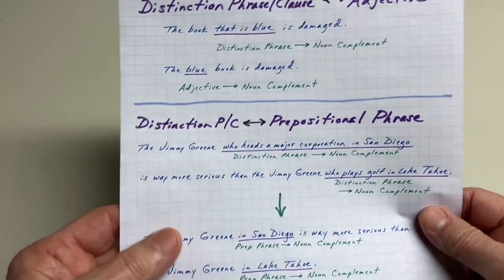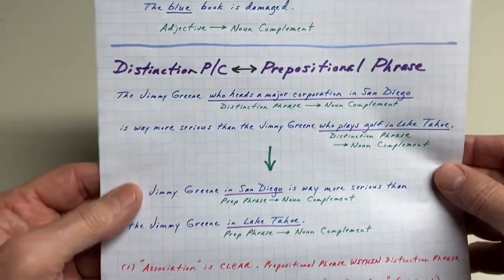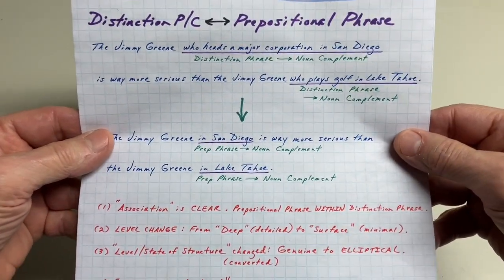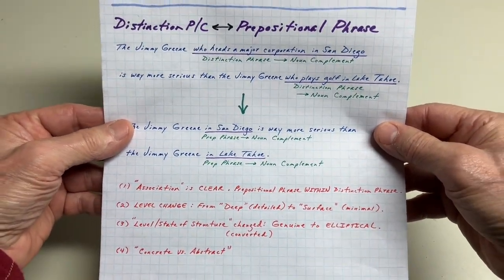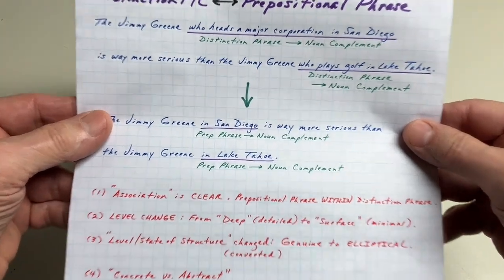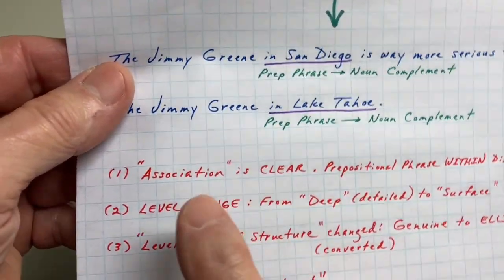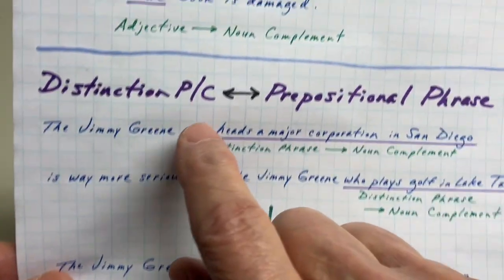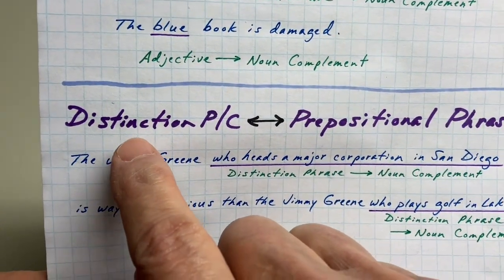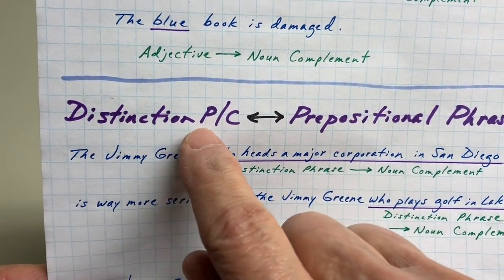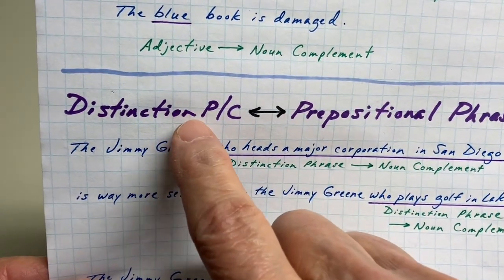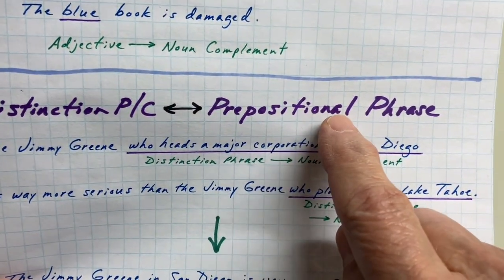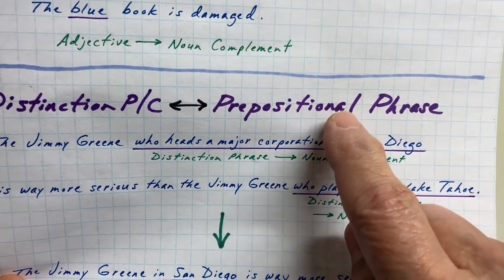So ultimately, what did we discover in this study, in these two videos, 16a and 16b? Well, we see that the association is clear. There is an association between the distinction phrase or clause used as a noun complement and the prepositional phrase used as a noun complement.